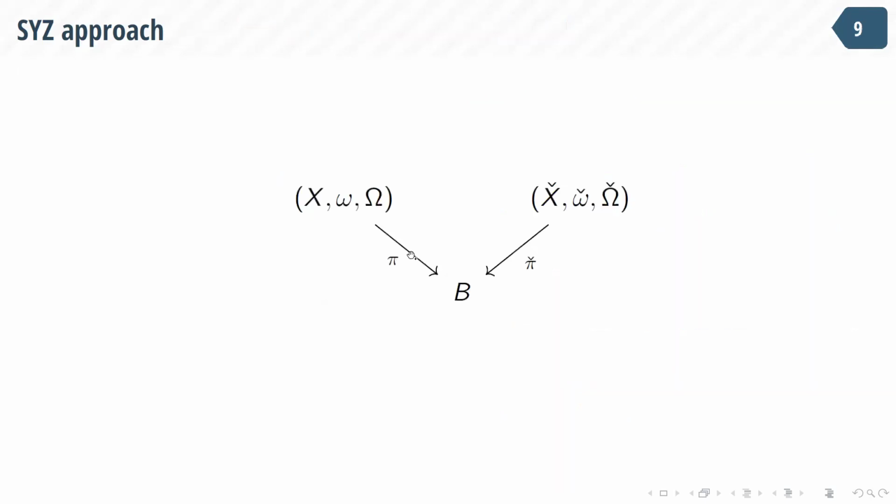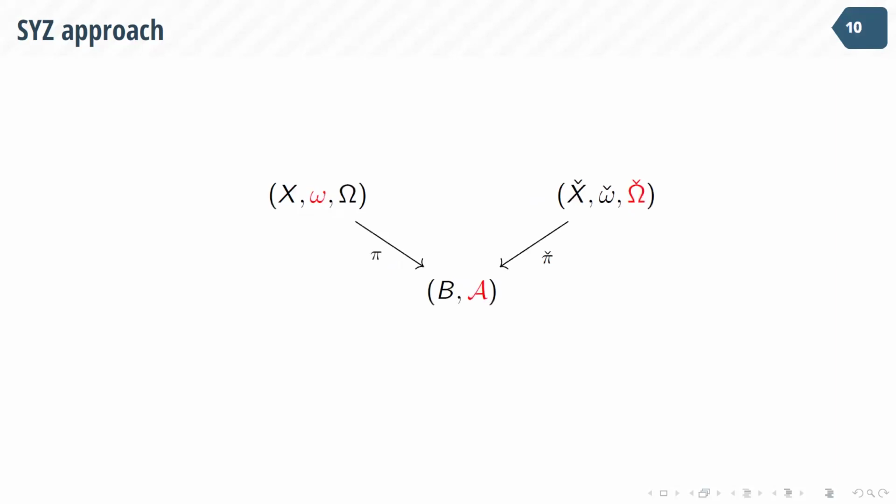So, in general, the semi-flat setting does not require the Calabi-Yau condition or Kähler geometries. It's just a relationship between symplectic and complex geometry. But when the manifolds are Calabi-Yau, as in the original formulation, you can do this construction in two ways.